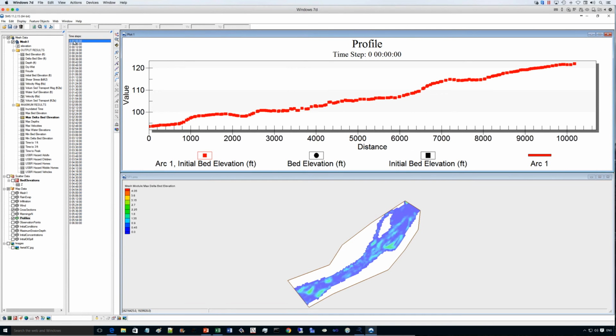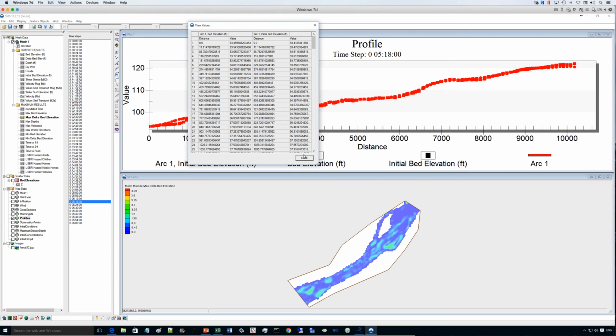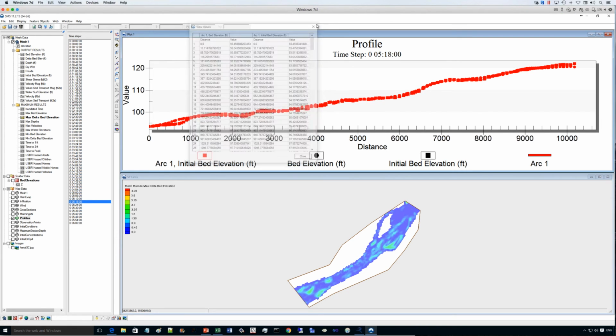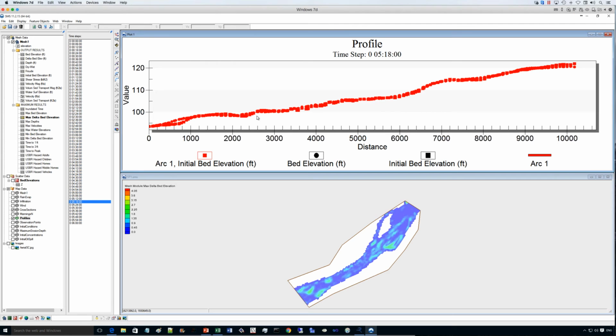So what you see here is the profile of the bed elevation and the actual bed elevation. This is the initial bed elevation here, and this is the bed elevation after 5 hours and 18 minutes. So you can have a lot of flexibility in looking at what's going on with your results and generate this. You can also view the values and export these values to a spreadsheet for different processing if you want.